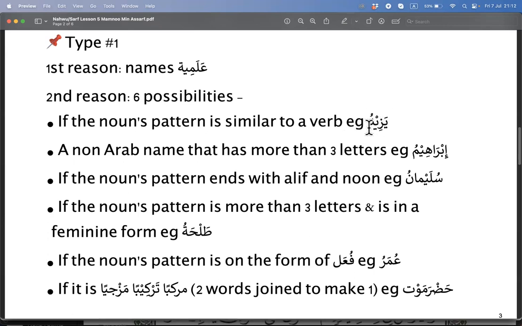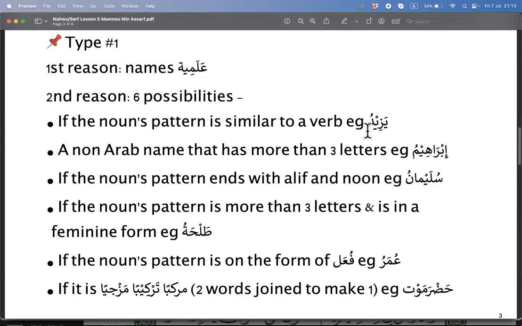There is even a fi'il mudhari like this, Yazidu. So anytime a noun's pattern is similar to a verb, it cannot take tanwin. So it's going to be Yazidu, Yazida, Yazida. You don't have Yazidi.